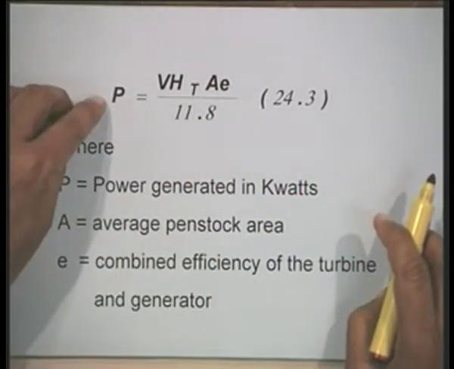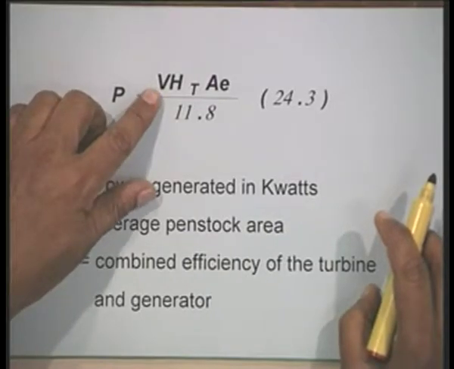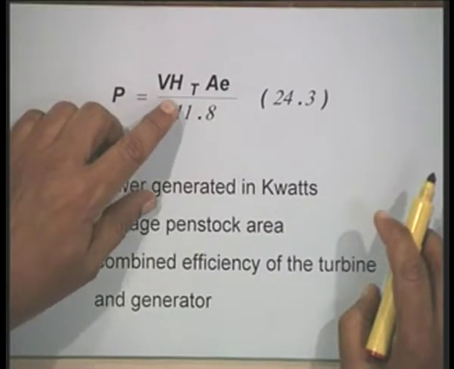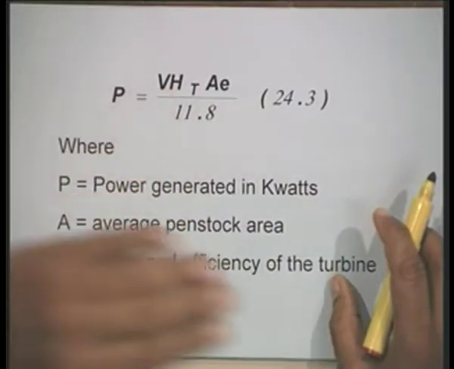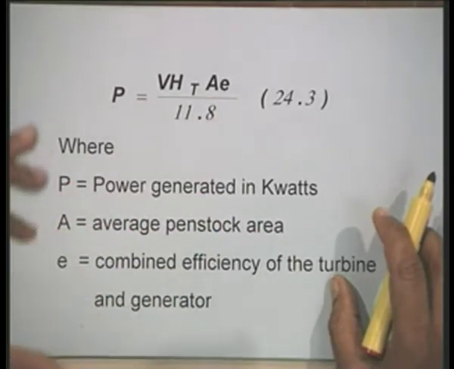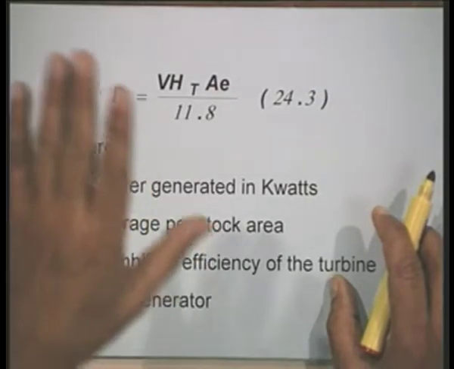Here P is the power in kilowatts, V is the velocity of the water in the penstock in feet per second, HT is the head, A is the cross sectional area of the penstock in square feet, and E is the combined efficiency of the generator and turbine, the total efficiency.